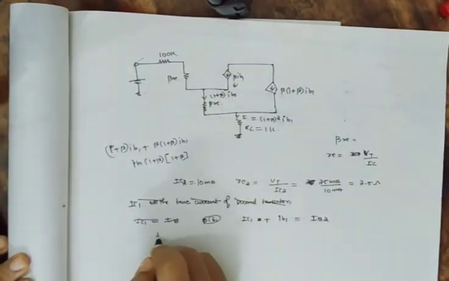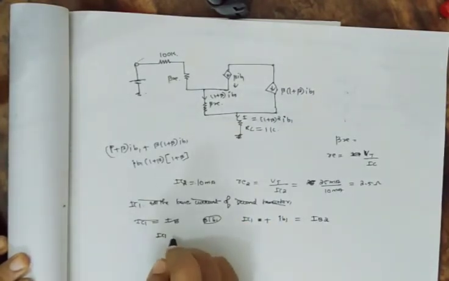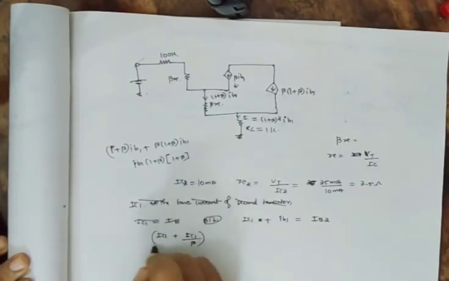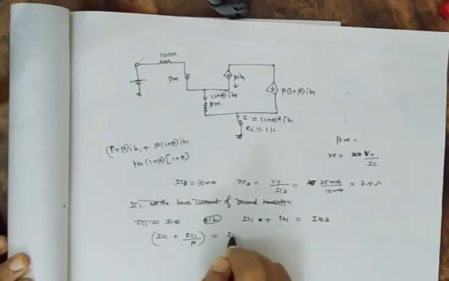Okay, so IC1 plus IB1, instead of IB1 I can write IC1 divided by beta equal to IB2.